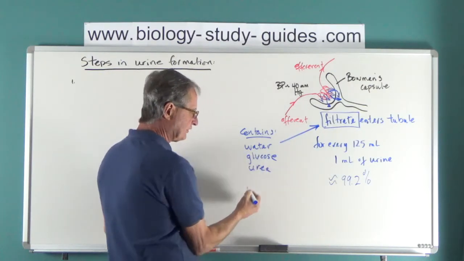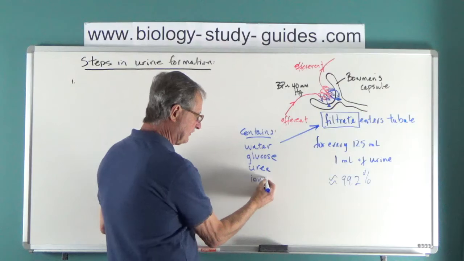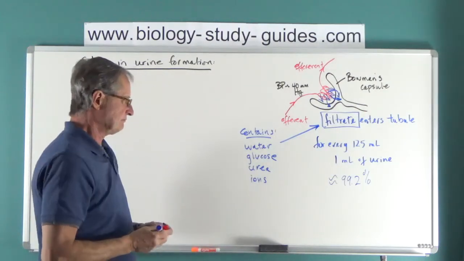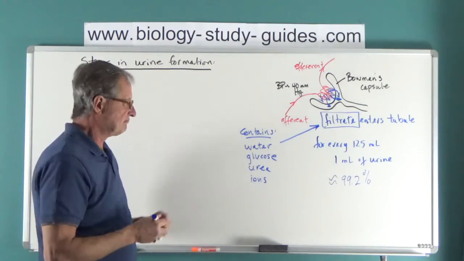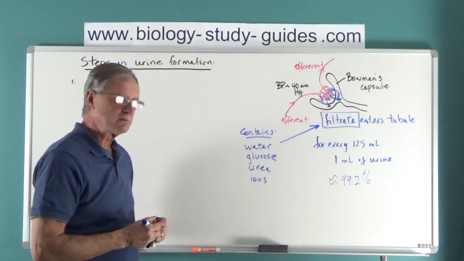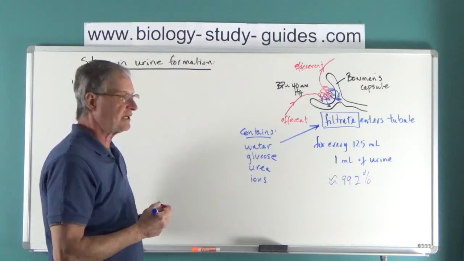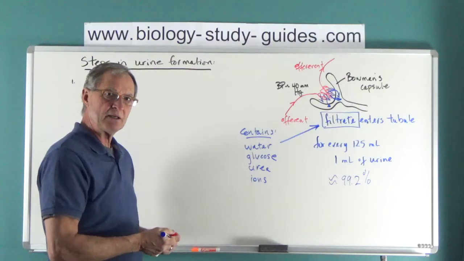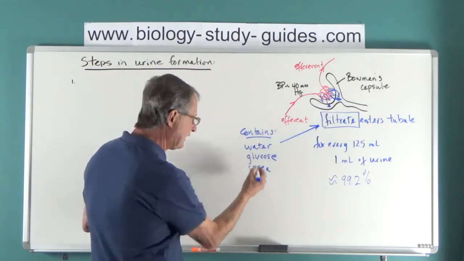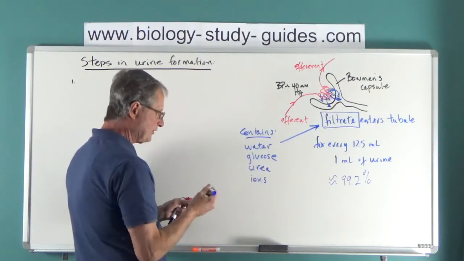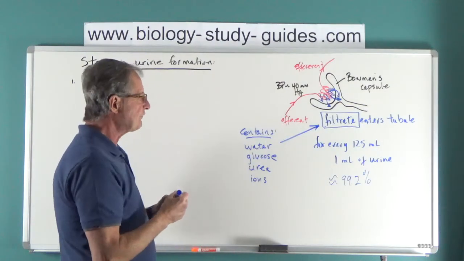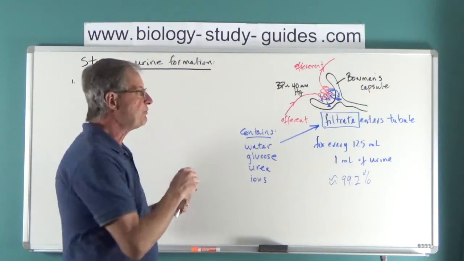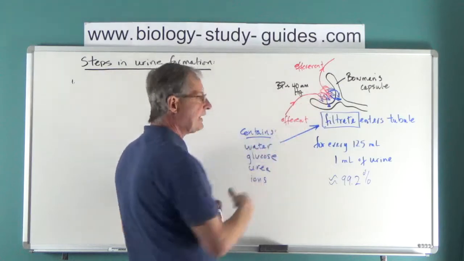The urea gets filtered out. We have ions that get filtered out. That's just about it. Most of the stuff that's in blood is too big. Glucose and other food materials, I suppose, or other unit molecules, but most of the stuff that's in blood is too big to get filtered out. It stays in the blood.